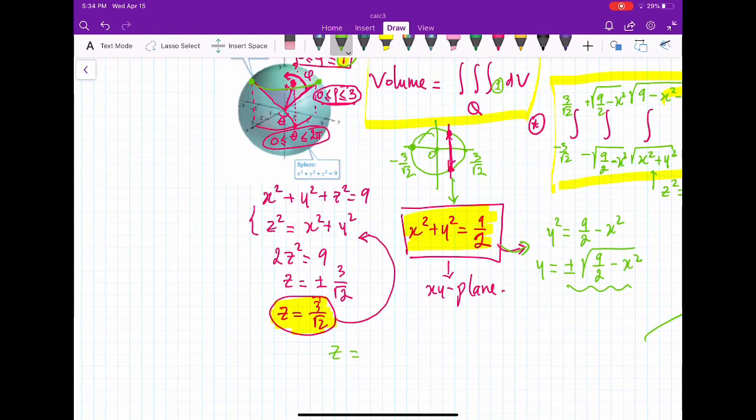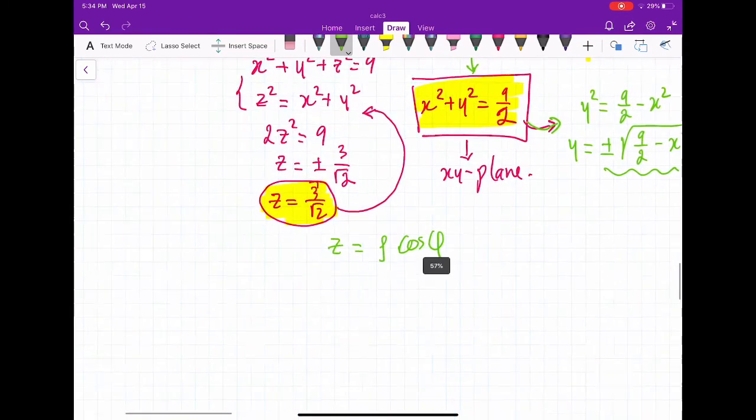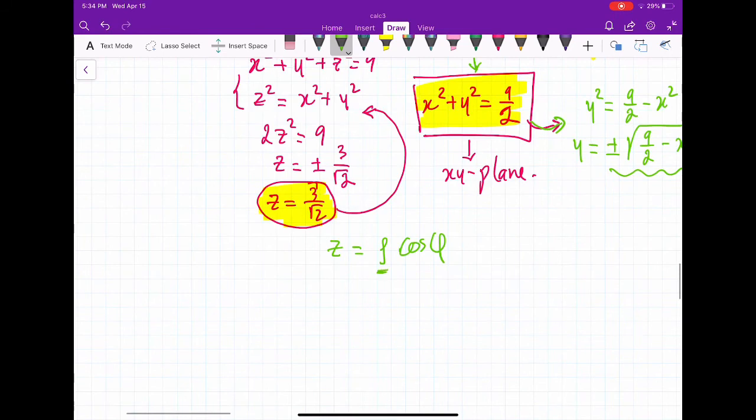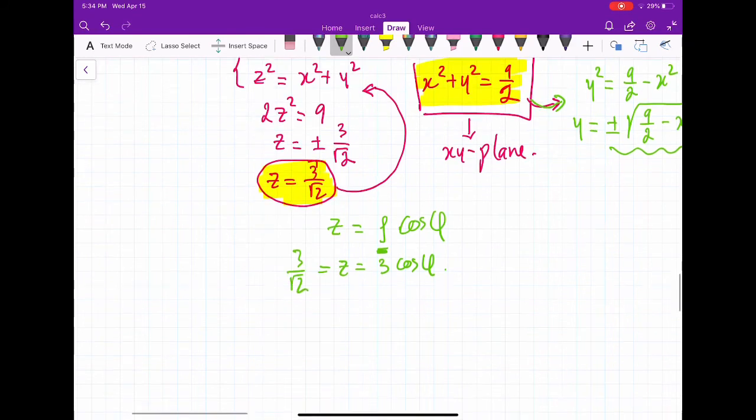So I have the following one. z equal to rho cosine of phi, right? We have that relation. Since that point is on the sphere, rho should be equal to 3. So I have z equal to 3 cosine of phi. Okay? And z is equal to 3 over square root of 2. From here, I can solve for phi, right?